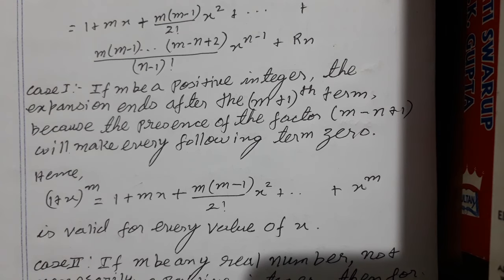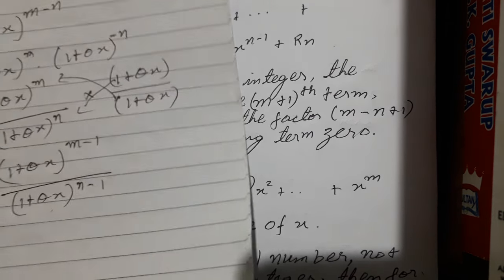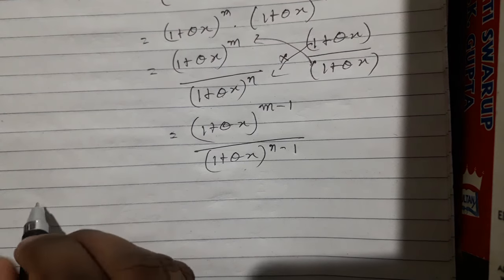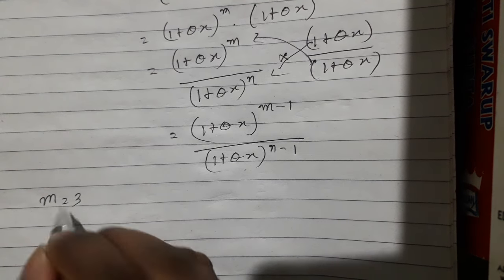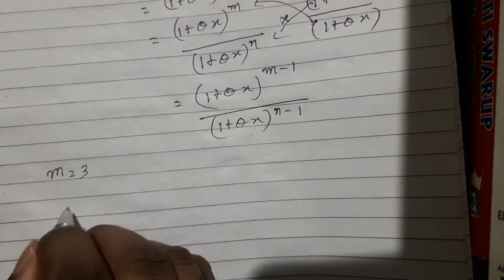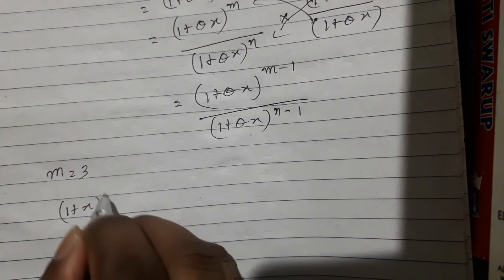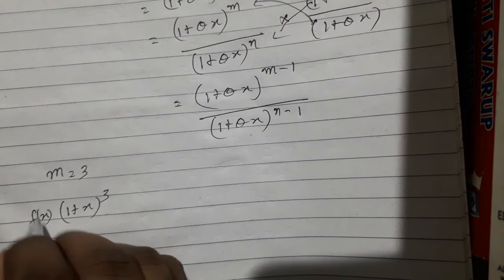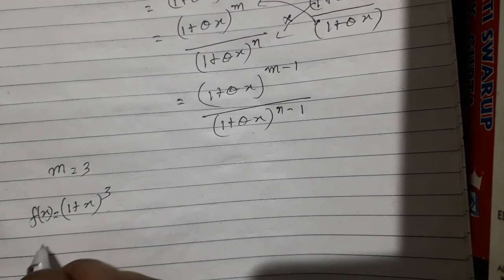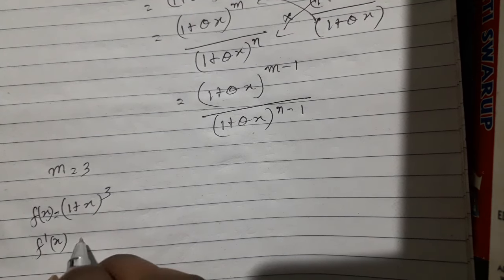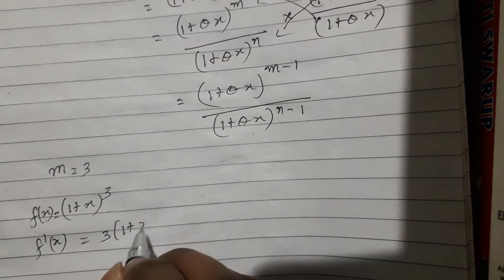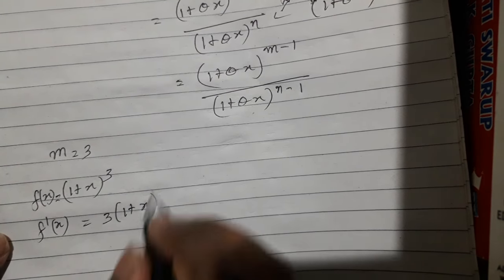Now case 1 says that if m is a positive integer, let us take one example when m is 3. So we have (1 + x)^3, which I'm taking as f(x). If I differentiate this, I get 3(1 + x)^2.